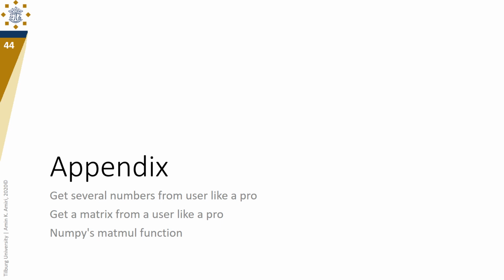Reading the appendices is optional, but I would like to invite you to take a look at them to get familiar with a professional way of doing things and to review some materials from the previous lecture using the code that you have just seen in this video.